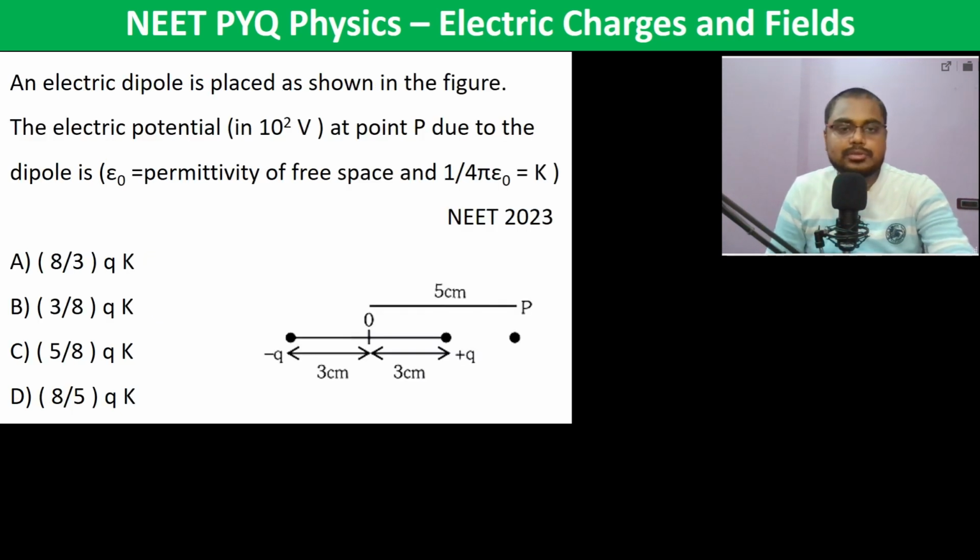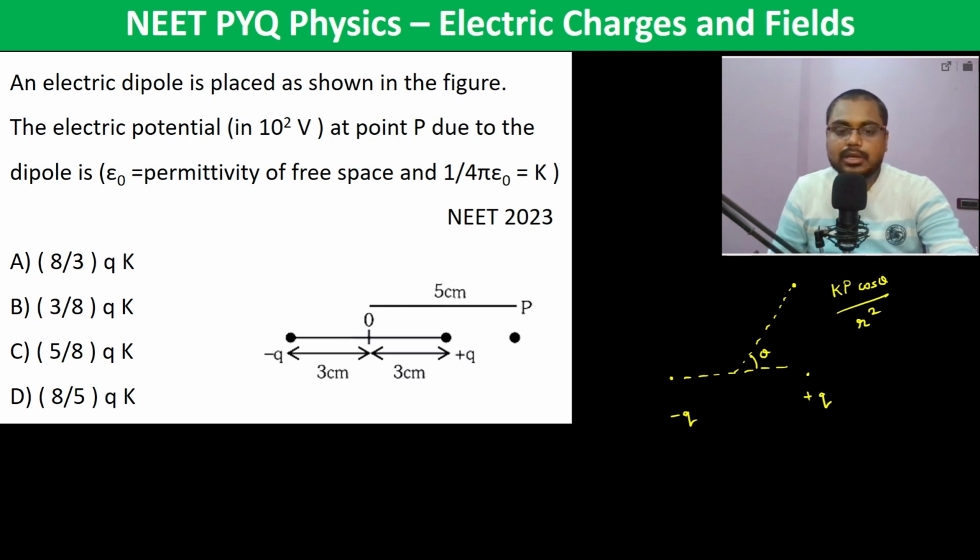An electric dipole is placed as shown in the figure. The electric potential at point P due to the dipole is, for a dipole with minus q and plus q at angle theta, the potential is going to be kp cos theta divided by r square.